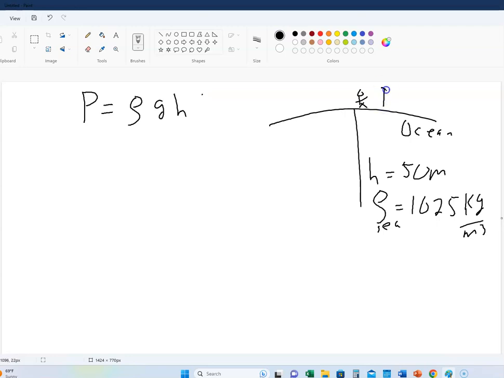So this is the atmospheric pressure, 101.3 kilopascals. Anyhow, that's supposed to be an M. Sorry.